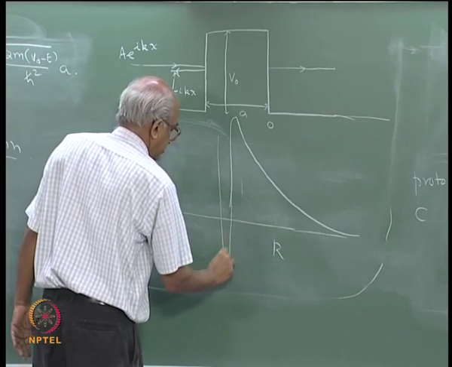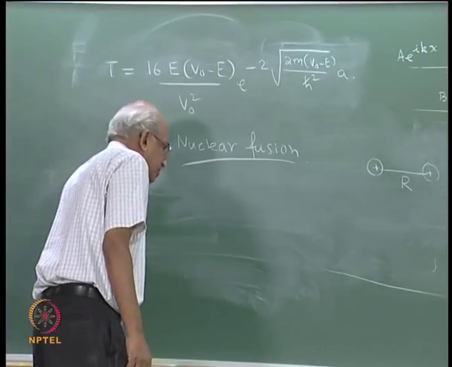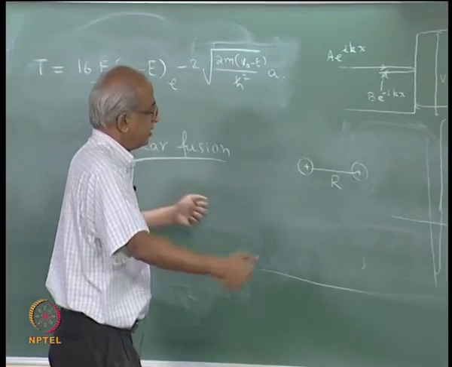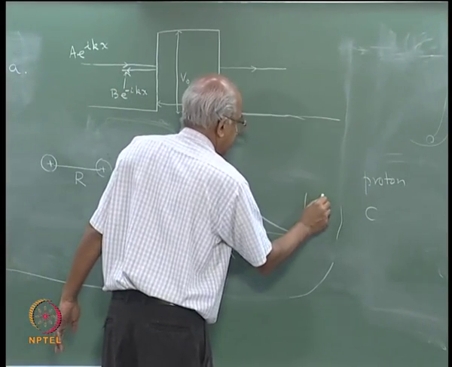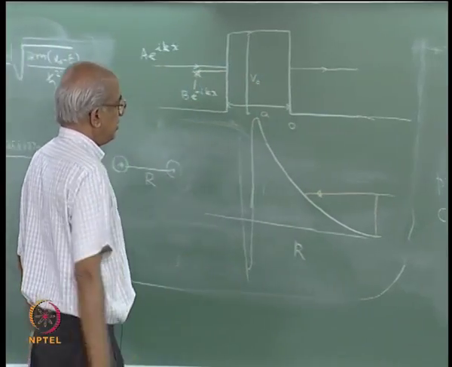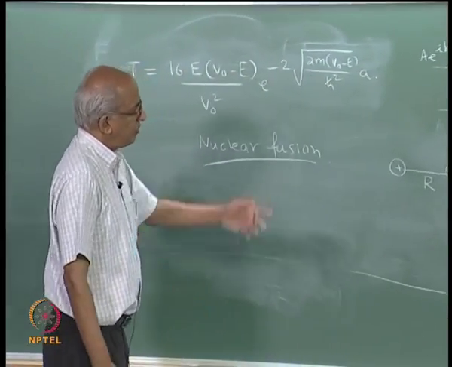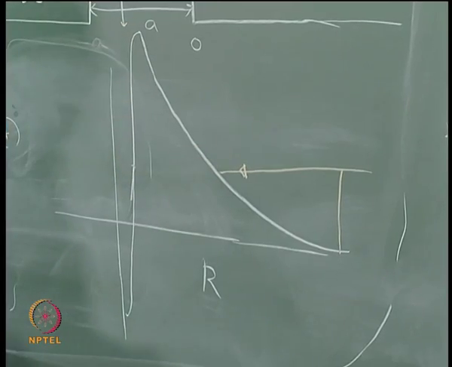Okay. So, suppose you are bringing the two nuclei together with a kinetic energy of, let us say, that much. Now, obviously, this is not enough to go over the barrier.